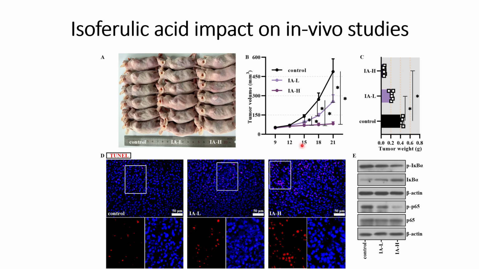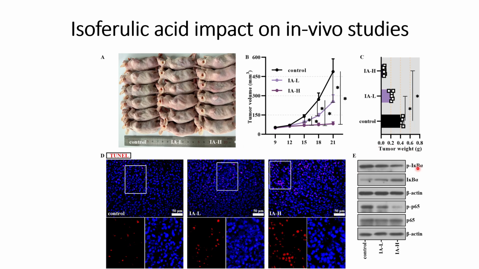The same trends that they observed in the in vitro studies. The signaling pathway that got dysregulated in the in vitro studies when the cells were treated with isoferulic acid is the NF kappa beta pathway, and they see similar results here also.